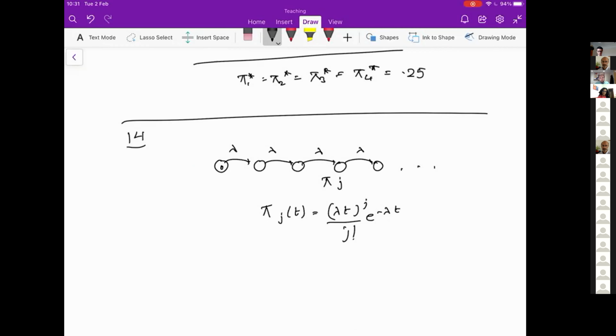Imagine that you have a pipe, and in that pipe you have water, which is probability mass water, and it's dripping in at the rate lambda. It's always lambda, no matter how much is in the bucket. What we want to know is the expected size of the bucket. How many drops of water are in the bucket at any point in t? And that is exactly given by this equation, the Poisson equation.